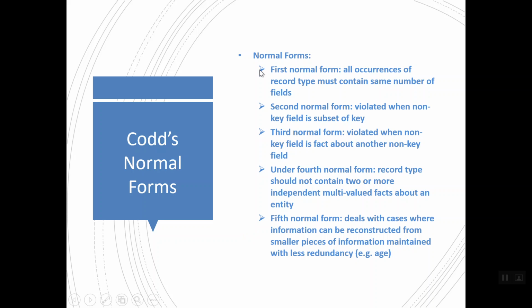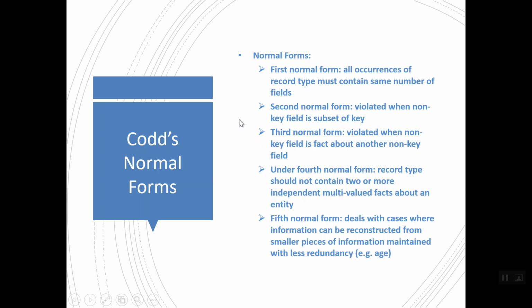The first step is to make sure that all of the records are the same, because you don't want the first record in a database to have 5 fields and the next one to have 2. You have to make sure that all of the records in a particular table have the same number of fields.